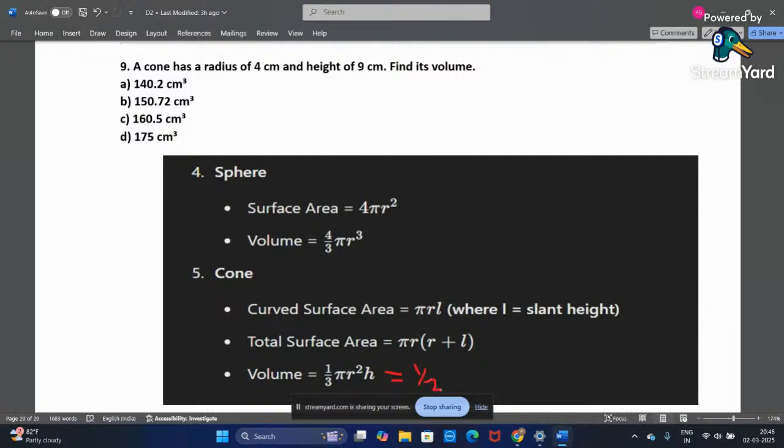So we need to find this, right? 1 by 3 into 22 by 7 into r square. Here r, radius, is 4. It should be squared. What is h here? 9. Now find the answer and tell me the answer. Tell me the answer fast.